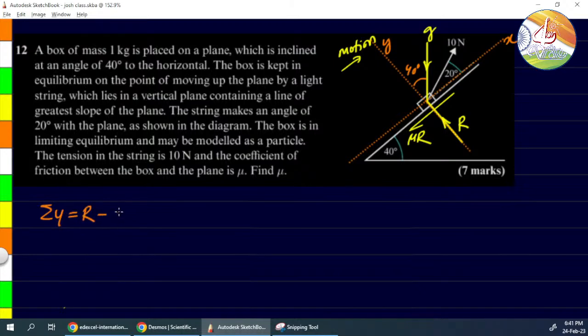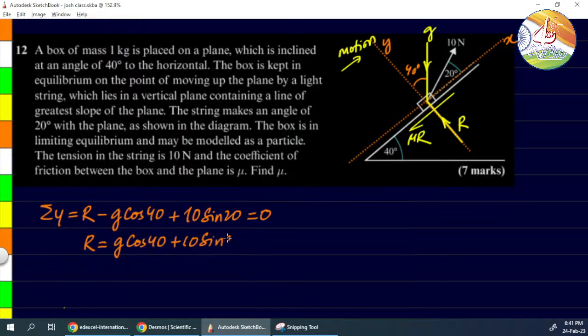Then minus g into cos 40, this will act downwards. The component of 10 newtons will act in the upward direction, so plus, and the component is 10 times sine 20. Others are parallel to x, so no components. Equation of R: R is g cos 40 plus 10 sine 20.